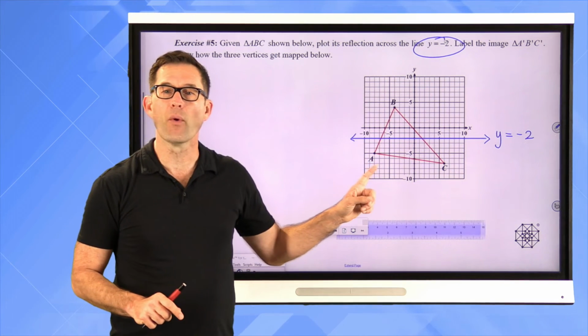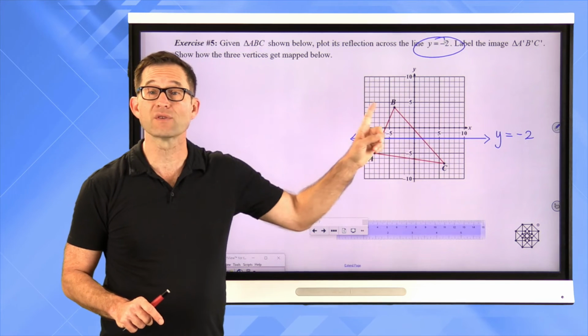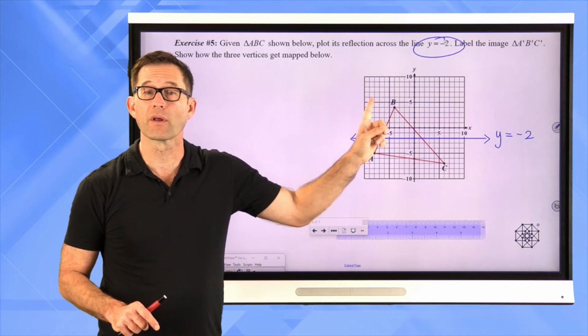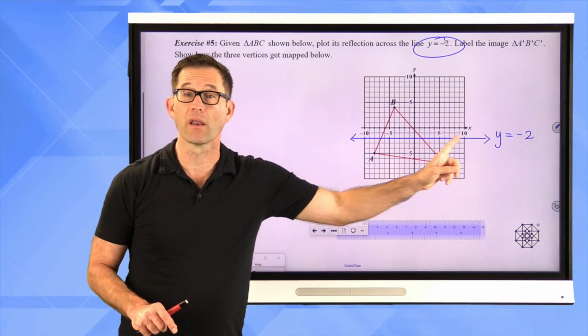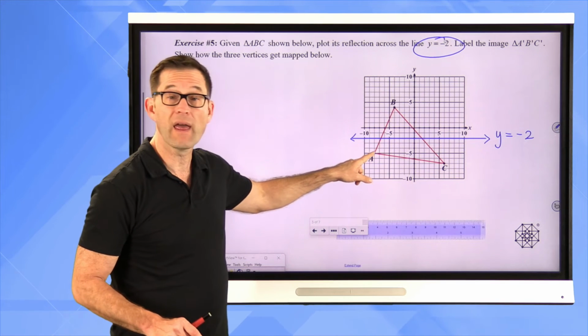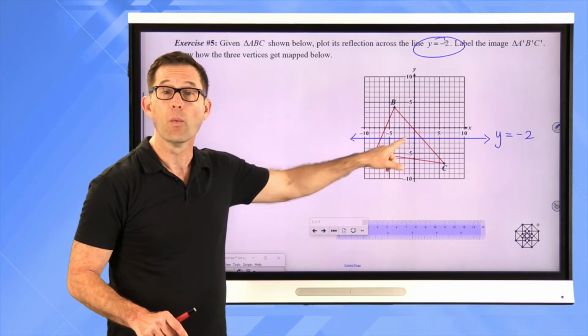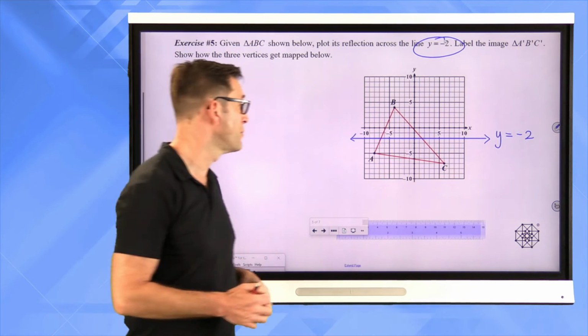And we could start with point A, right? Point A, we want to reflect across y equals -2. And we know, of course, that it's going to just move vertically because the vertical direction will be perpendicular to this horizontal line. Now, right now, point A sits 3 units below y equals -2. When we reflect it across y equals -2, it will end up 3 units above.